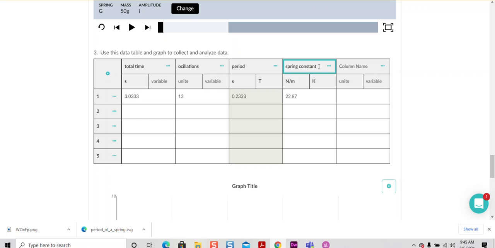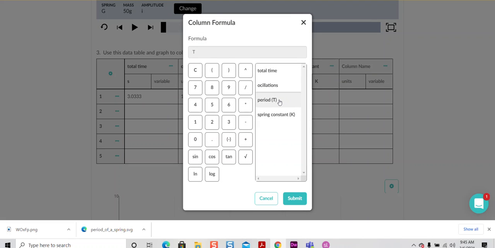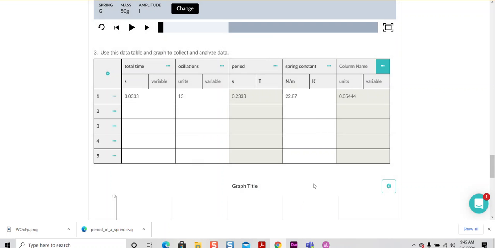So when I come over here to do period squared, and I do change formula, I would just say period times period, like that. And I would call it period squared.